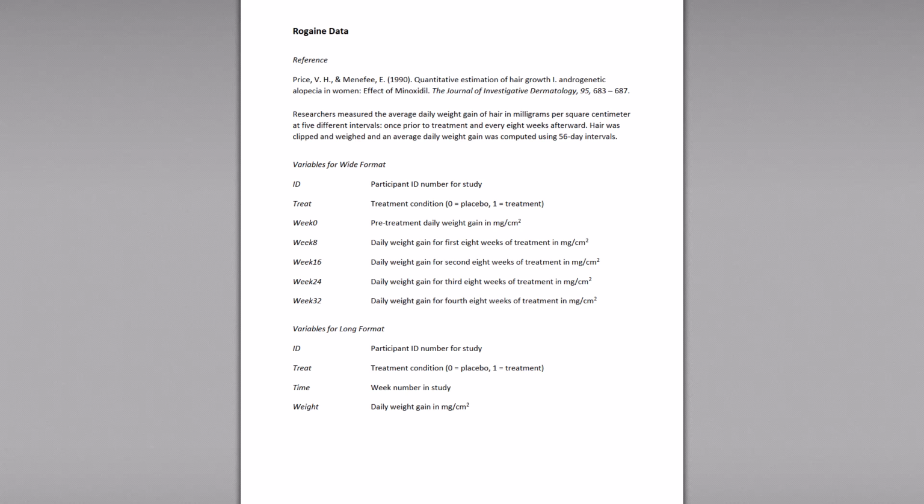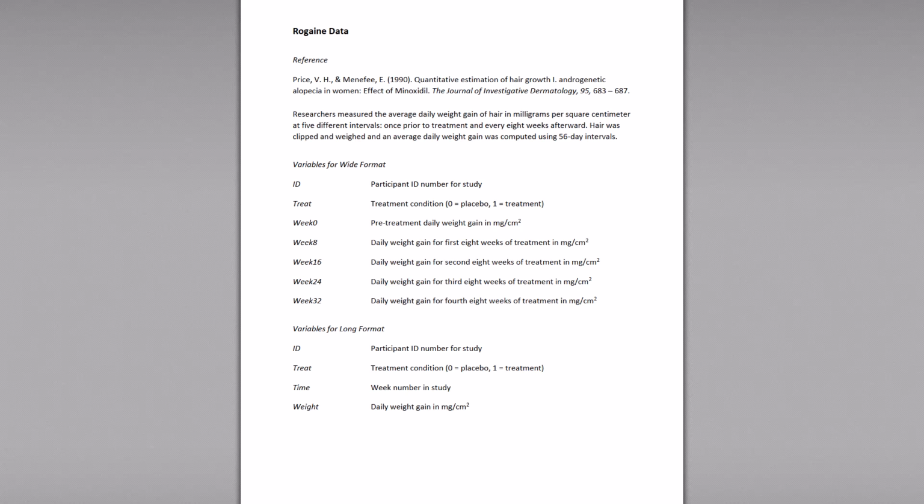So they're literally taking the same amount of surface area on each woman's head, cutting the hair on that surface area, and weighing that hair in hopes that in the treatment condition, if the drug is effective, they will find that they get better weight growth than they do in the placebo condition. So you can see the within subjects factor in that wide format.